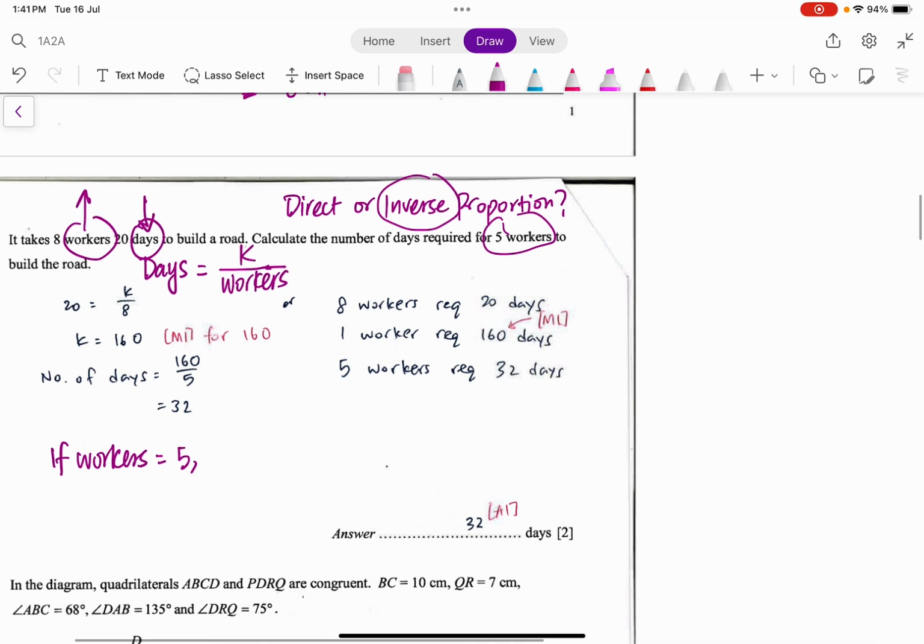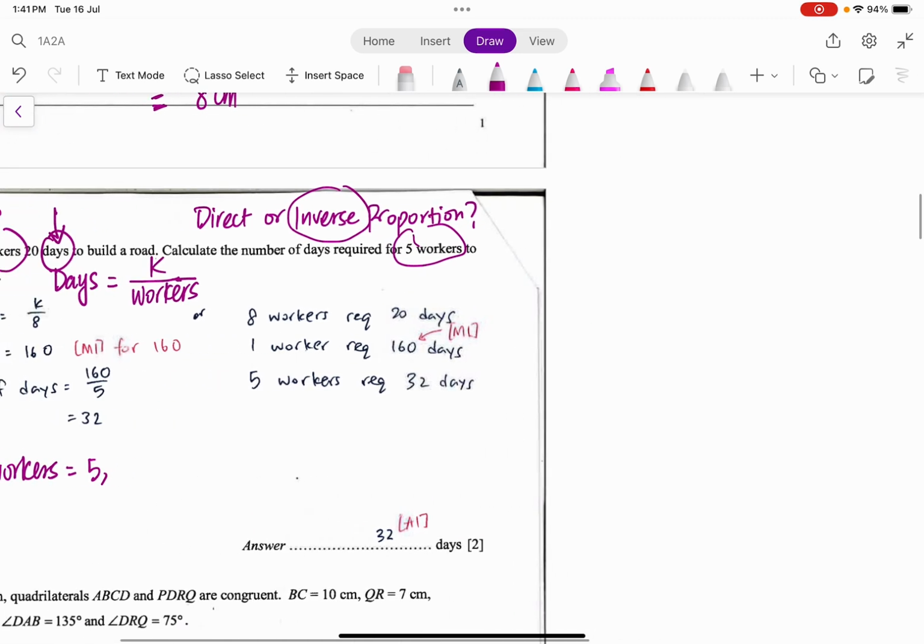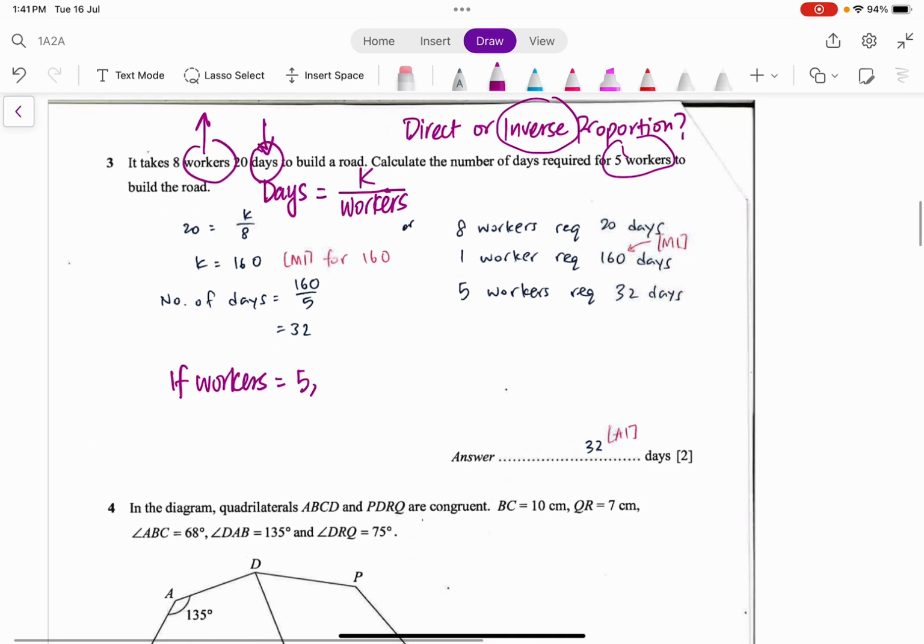Wait. Okay, let me just finish this part first. So say for example, this is where you got the answer, right? So you will say that days equals 160 over workers. So if workers is 5, that means the days you need is 160 over 5, 32 days.